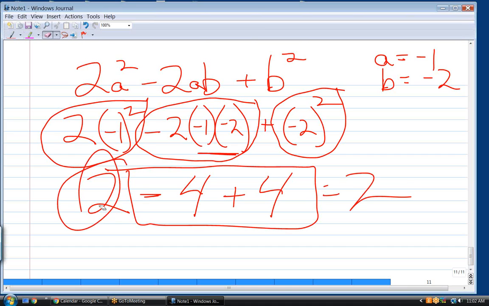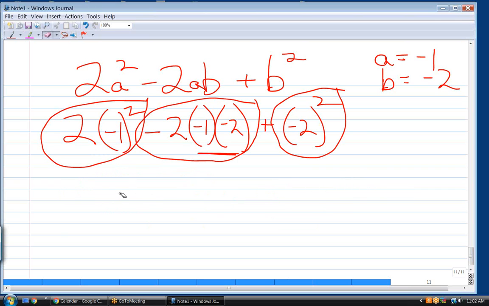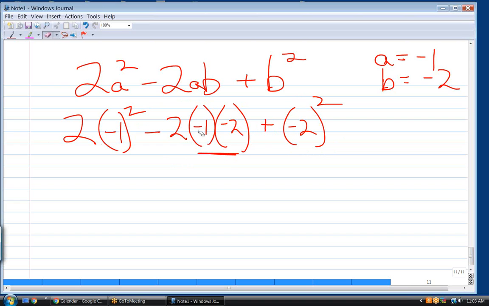Now, let me just say something before I leave you. When you are using parentheses like this and negative signs, it's very easy to accidentally think you're subtracting instead of multiplying. Right? There is only one subtraction taking place here, and that's that one right there. Every other negative sign you see is a negative sign.